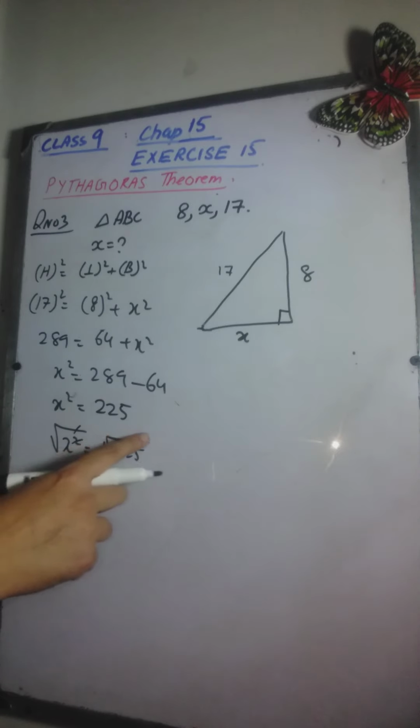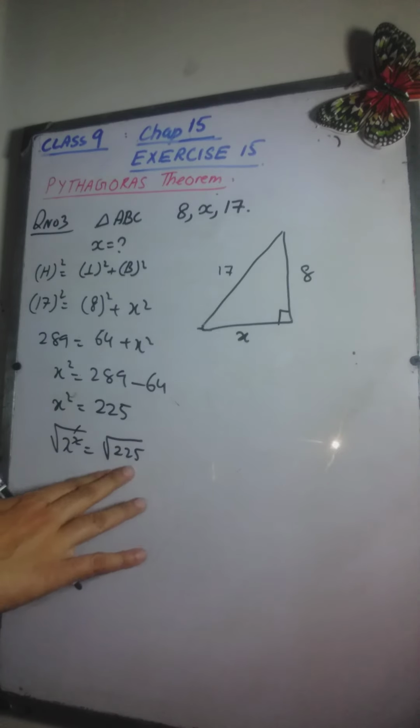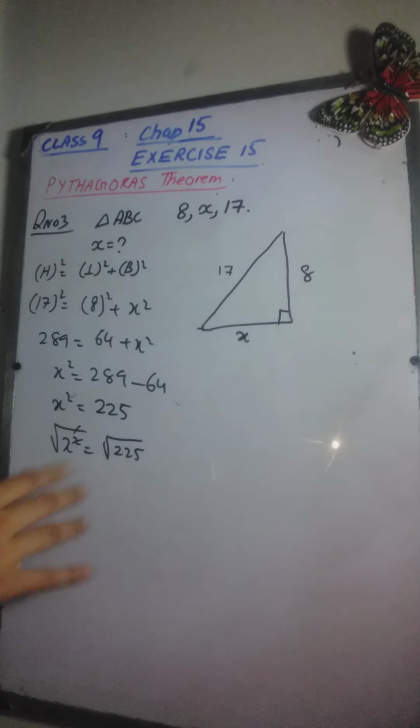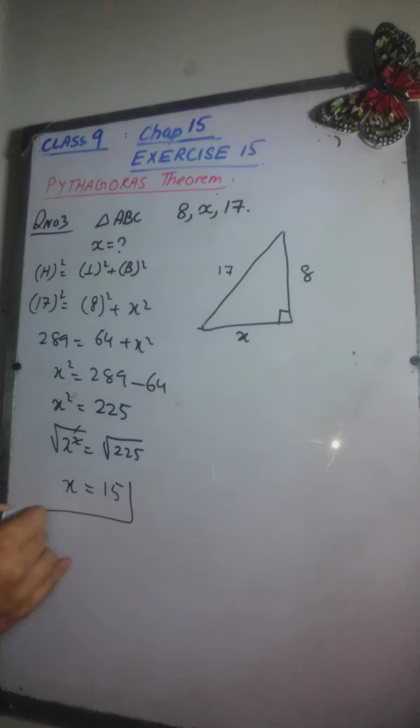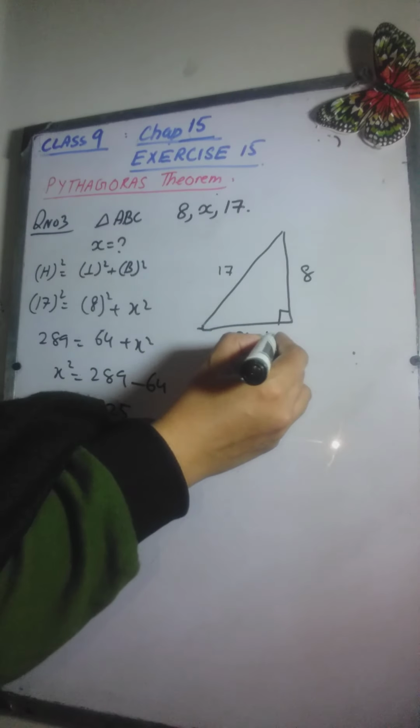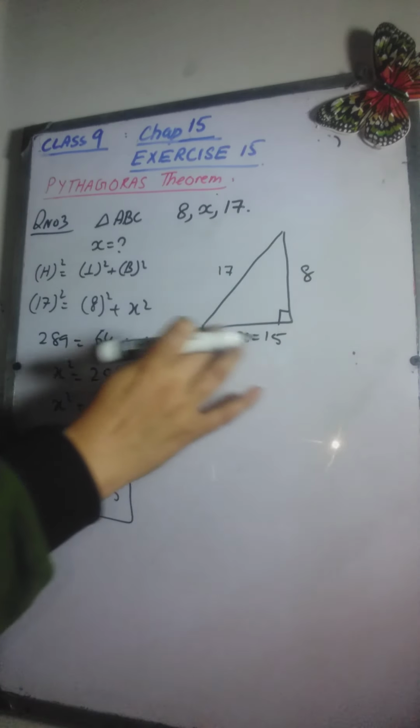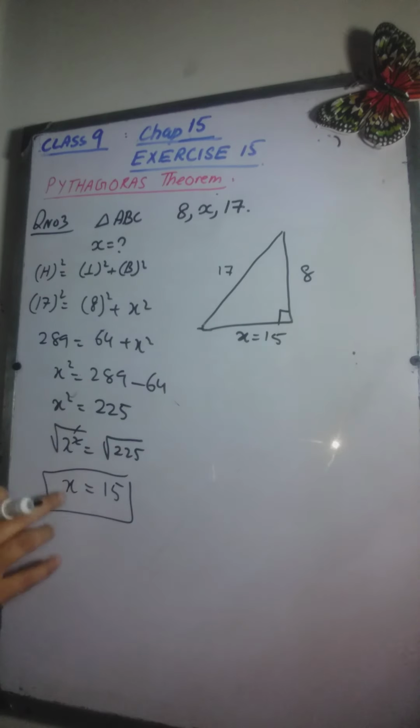So that's why we take the positive root only. Otherwise 225 has two roots, plus 15 and minus 15, but we take the positive one. So x is equal to 15 to make this a right triangle, because x is the value for which the Pythagoras theorem holds.